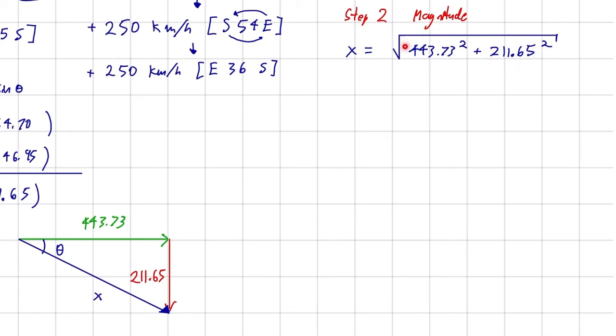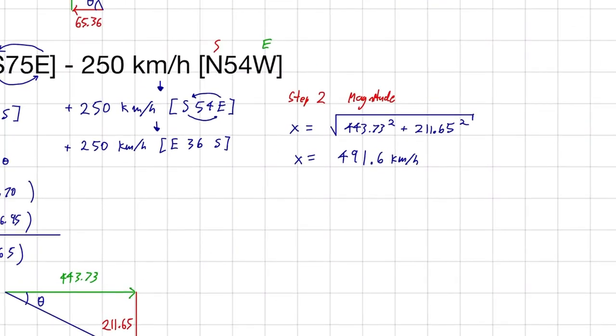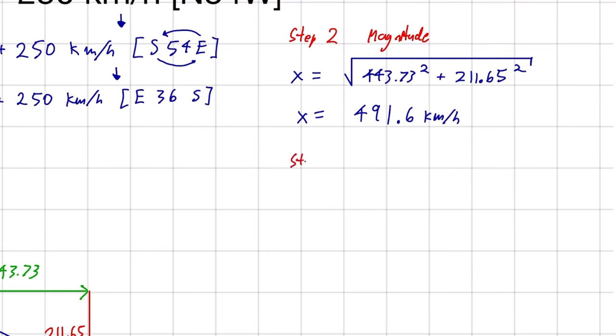So our two side lengths of the triangle squared, and we take the square root of that, that gives us x. So x is equal to, in this case, 491.6 kilometers per hour. And that is, again, the magnitude.